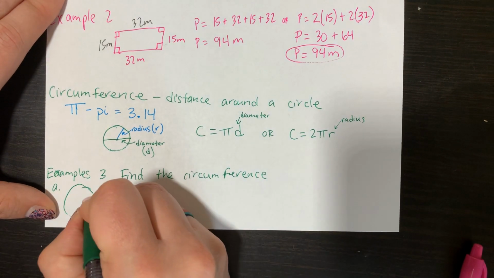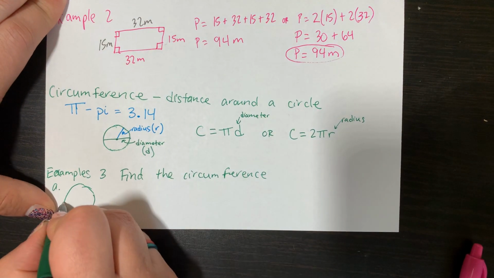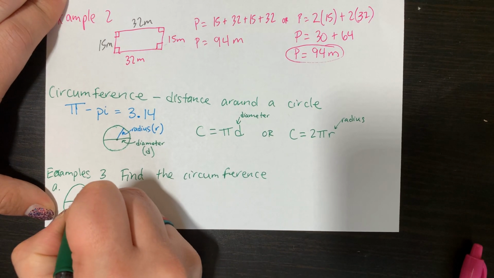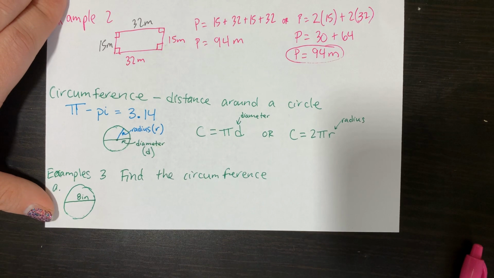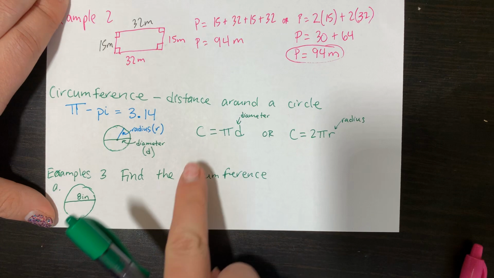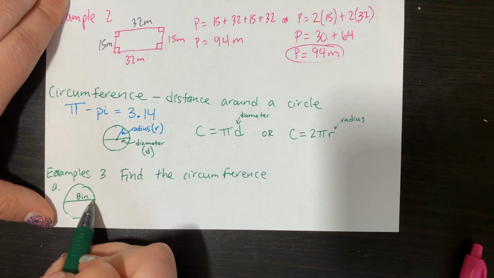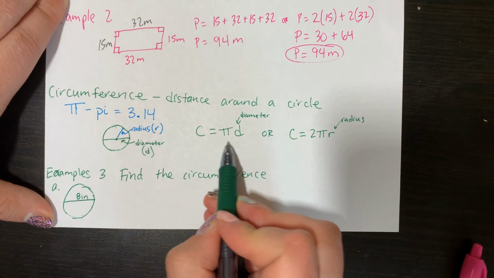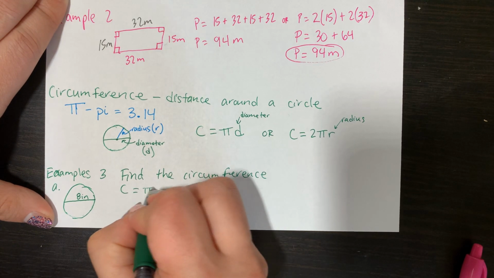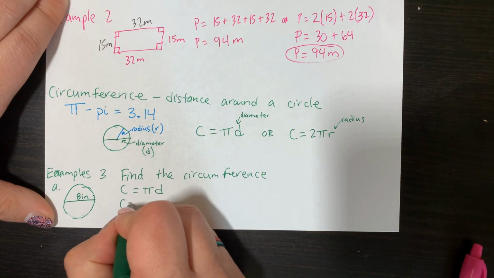In this circle, we are given the straight across, which is our diameter. Now with our circumference equations, because we have two, we have to pick one. Since this is given the straight across, the diameter, we're going to use this equation here: pi d. We know our d is 8 inches because that's our diameter.